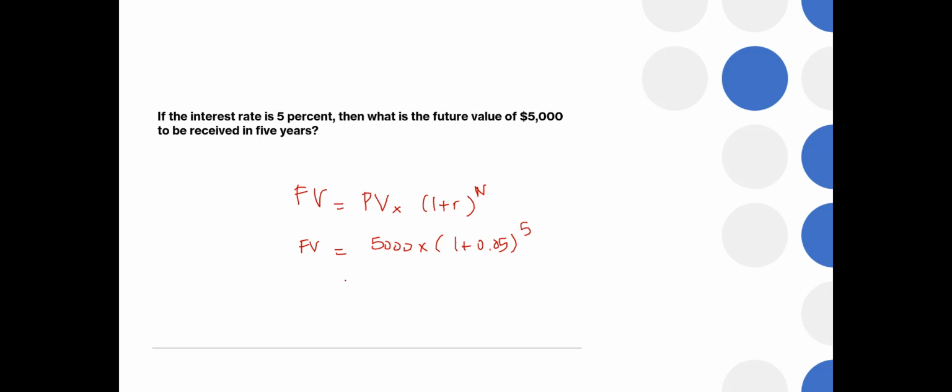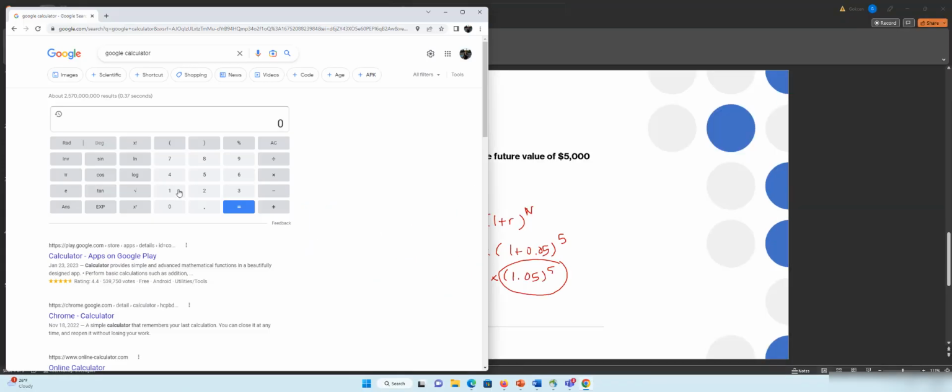Therefore, 5,000 times 1.05 to the power 5. Again, you can calculate this part using your Google calculator. Now we have 1.05 to the power 5, which is equal to 1.276, and we are going to multiply this by 5,000.